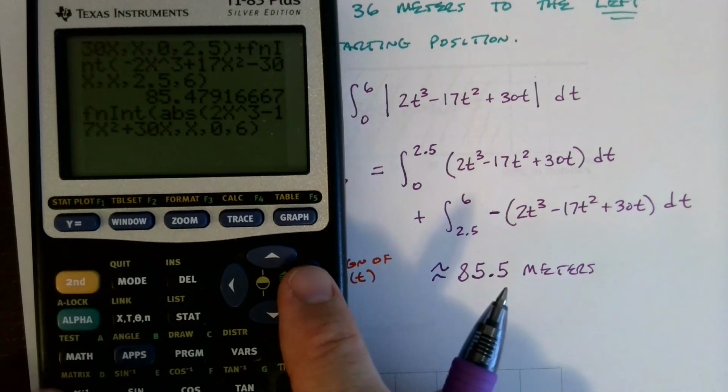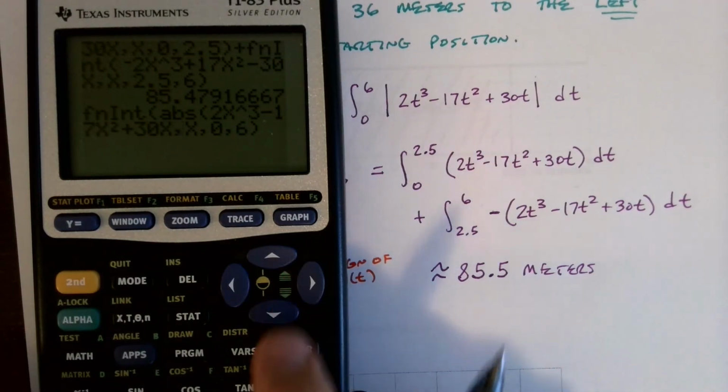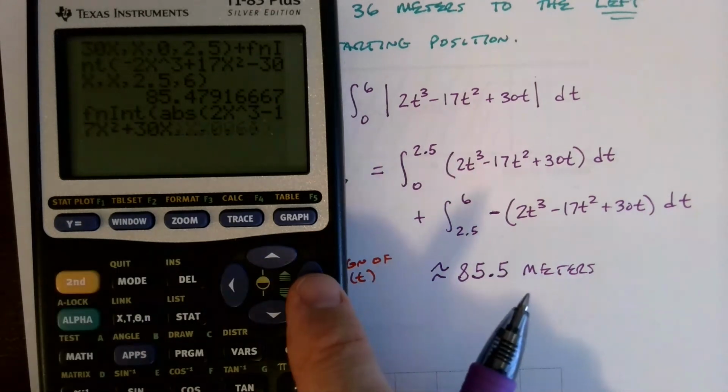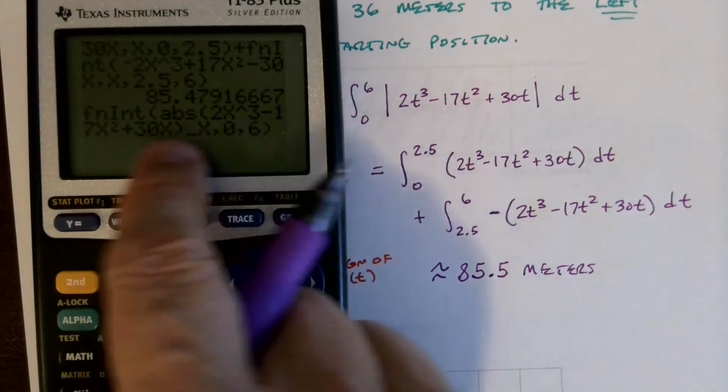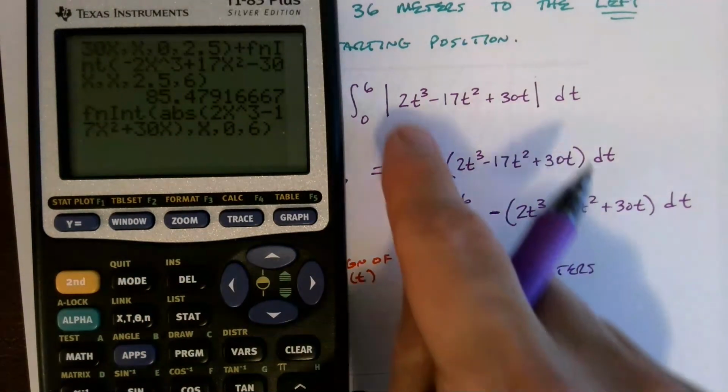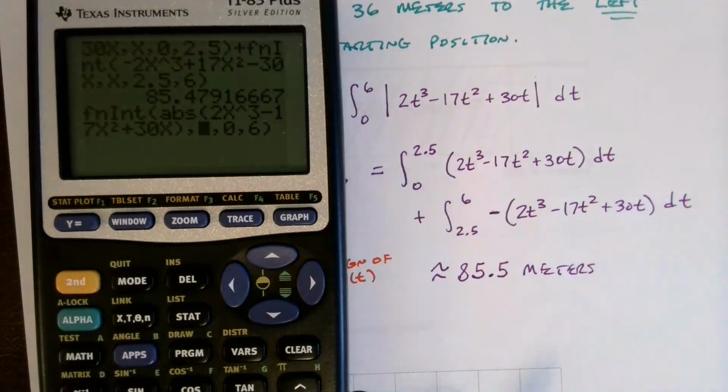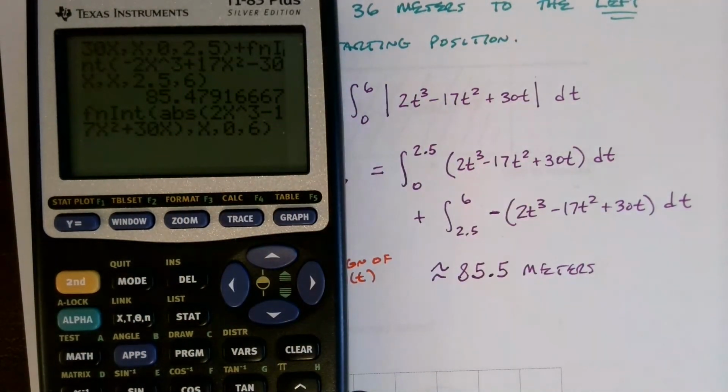So I have to put the whole thing in parentheses, the whole function that is, right? So insert right here, close parentheses. All right, so the absolute value of all that, and still going from 0 to 6 now, right? This will also give me the same value. It takes a little while for it to crank through its algorithm there, but it comes up.